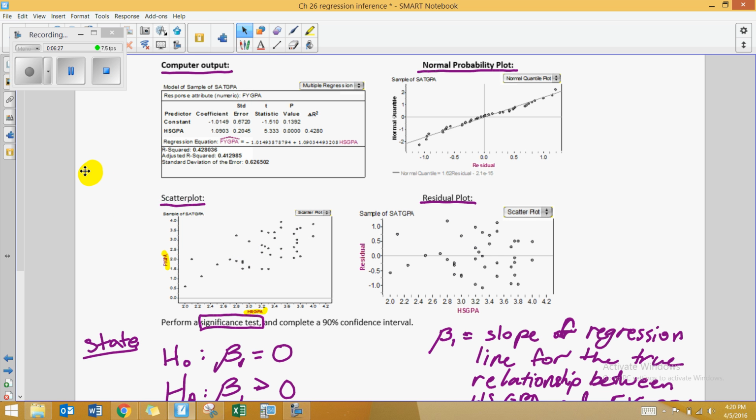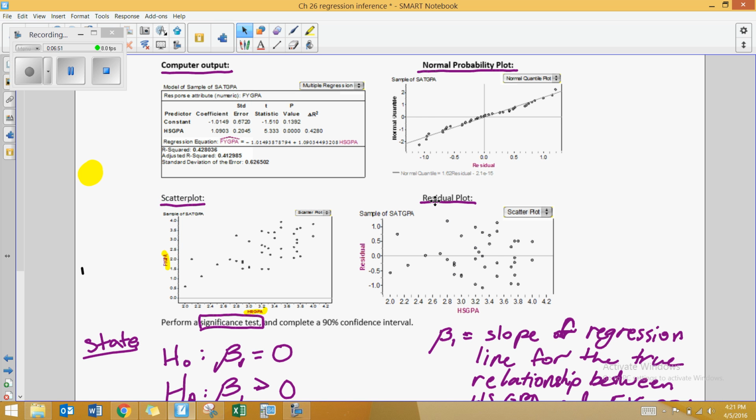What I'm saying is I have not been given my regression line. I don't know if it fits up here, or up here, or if it looks like this. And so I can't really determine if the variance is equal.